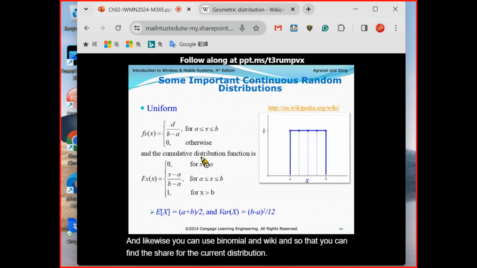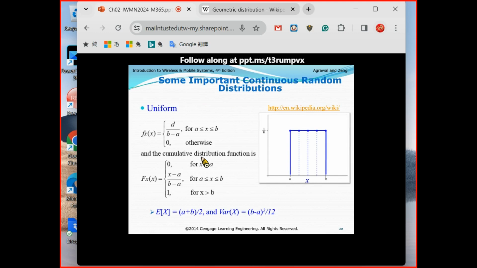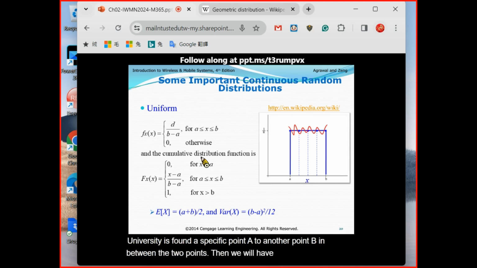Actually, before normal, we should have a simple but common one, uniform. Uniform says from a specific point A to another point B, in between the two points we have the same level of probability, and this way we call it uniform.